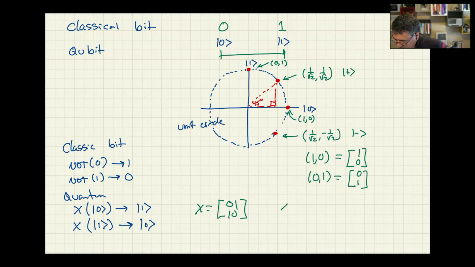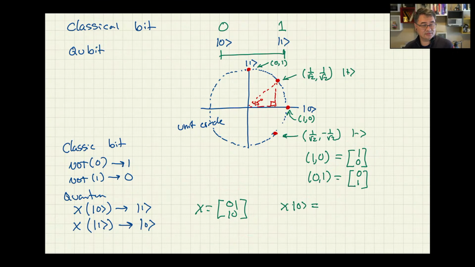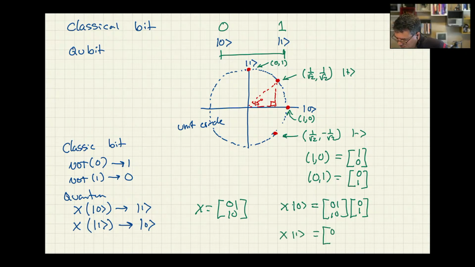So doing the X operation on the 0 qubit is equal to just swapping in this matrix for X and this matrix for 0. And doing the X operation on the 1 qubit, you do the same thing. You just swap in the matrices.